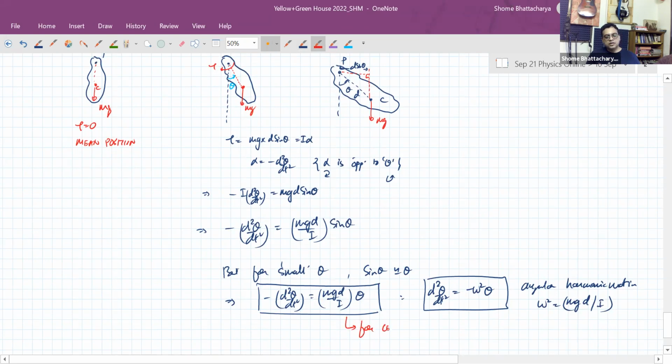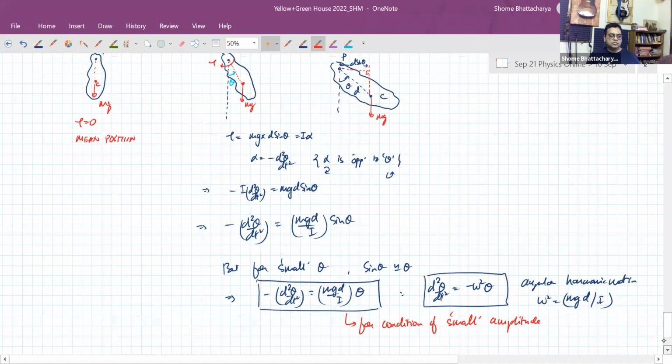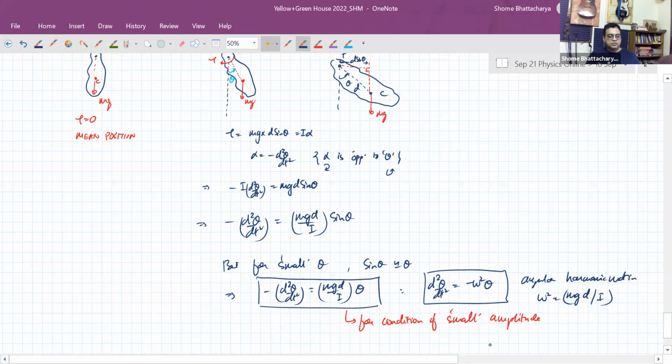For the condition of small amplitude, so time period which is 2 pi by omega becomes this.